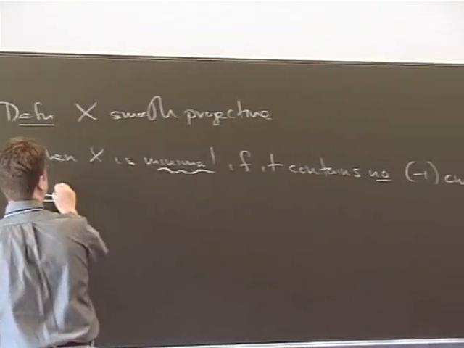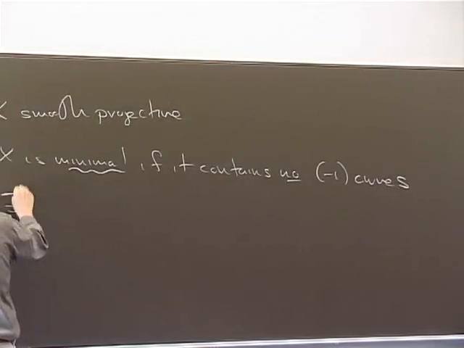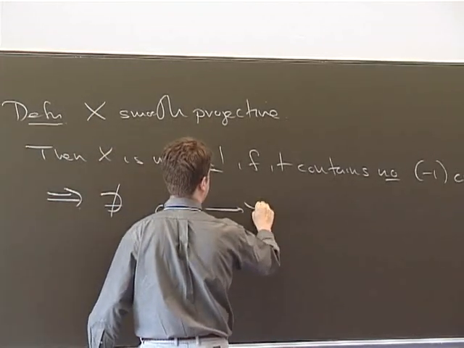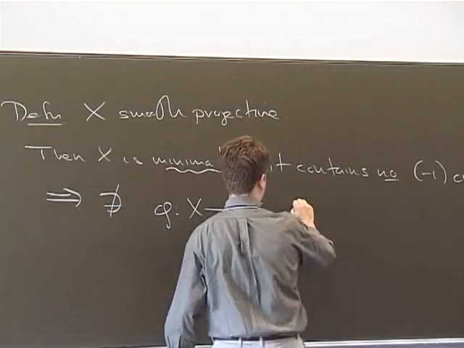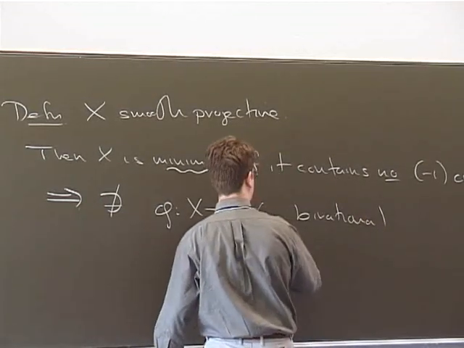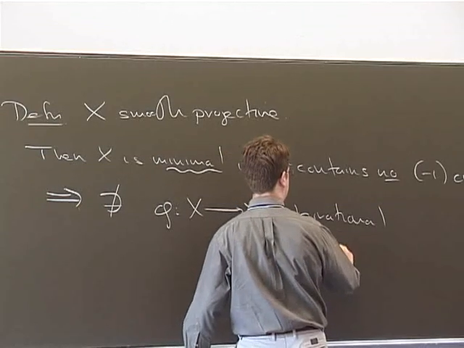This implies that there does not exist a birational morphism θ_X to a smooth projective variety.